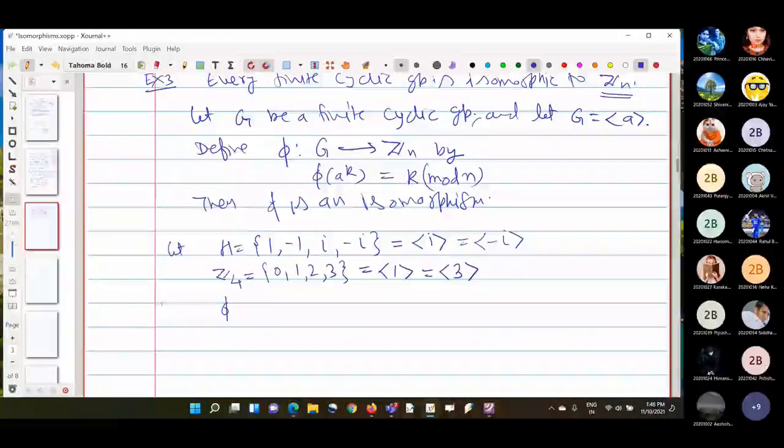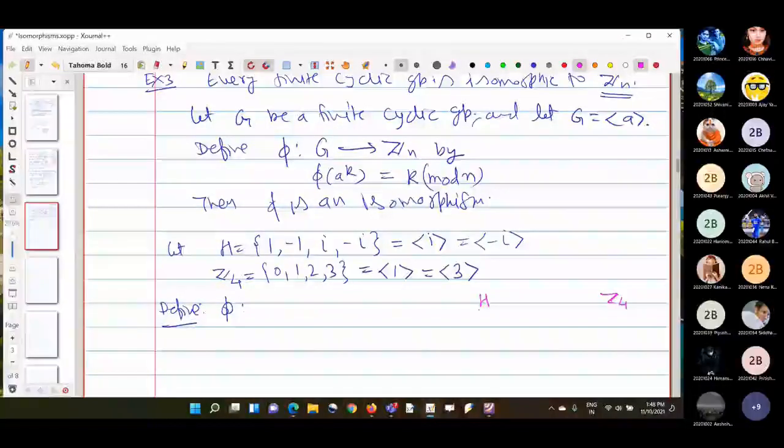So let us define phi. But before that, let us see something interesting. Let us write H and there Z4. Okay. So elements here, order of elements.